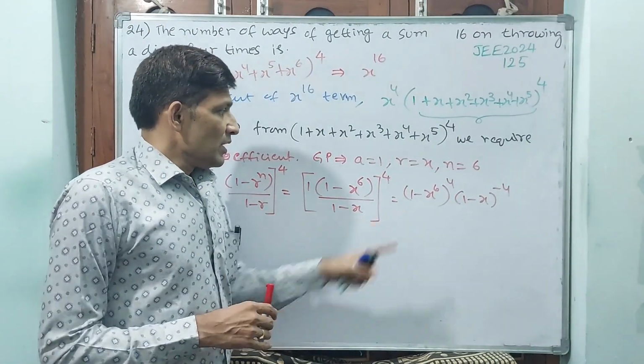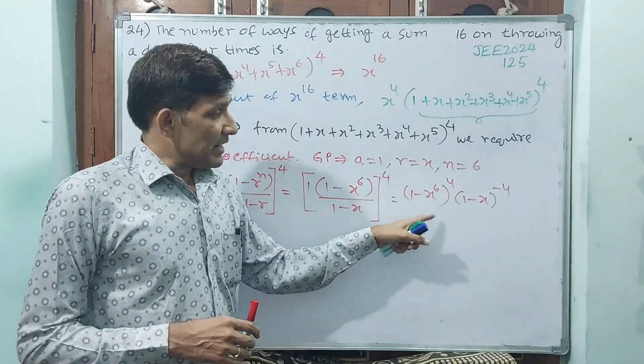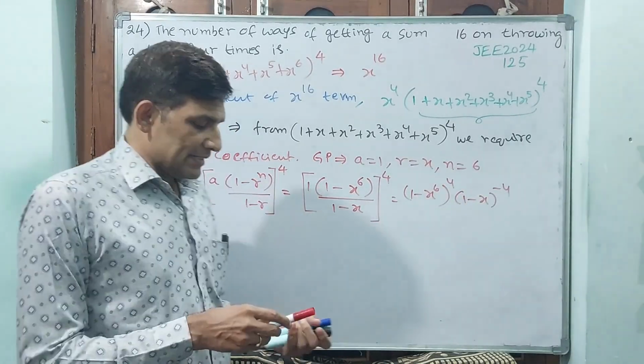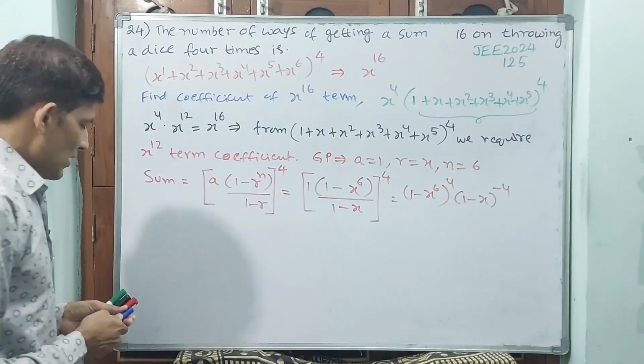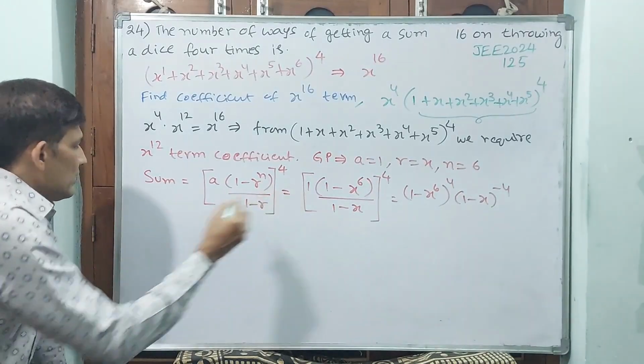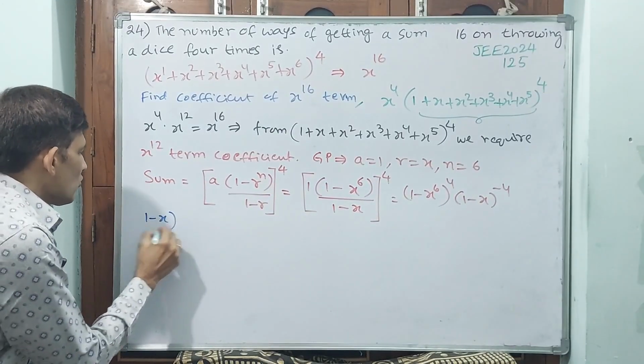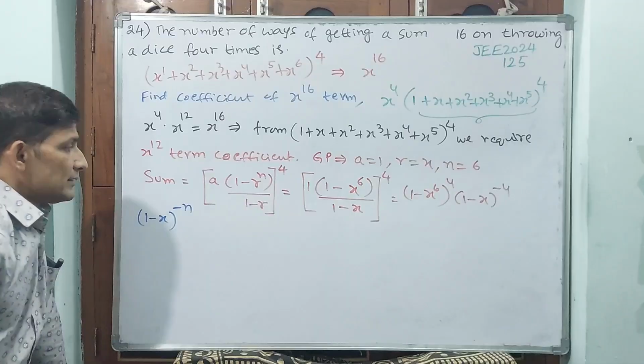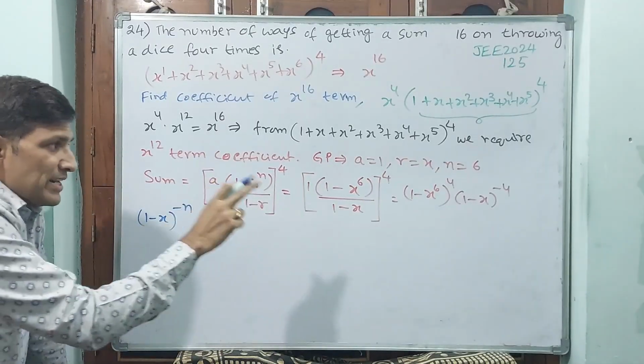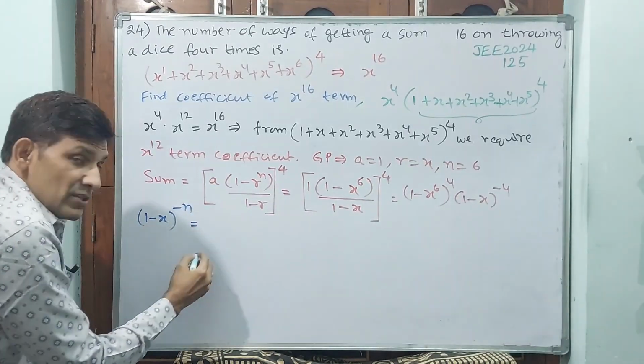See, expansion of this is easy, but expansion of this until now we have not done. That one formula I am writing. Observe carefully. 1 minus x whole to the power of minus n. x is x only, but n is here 4. This formula I am writing.